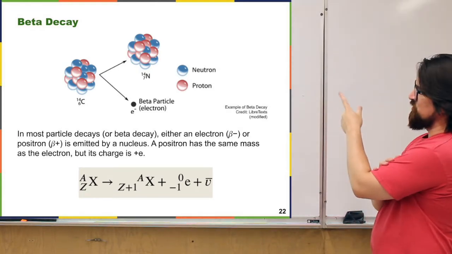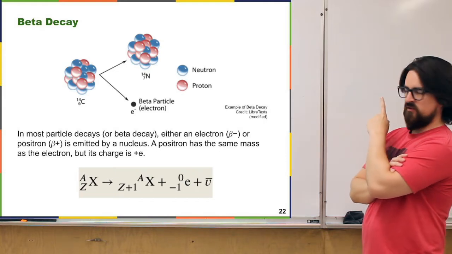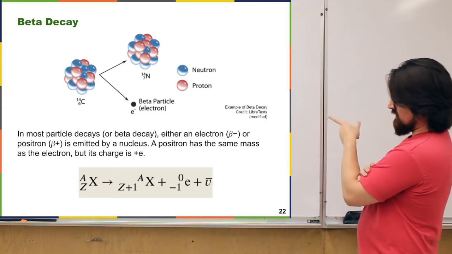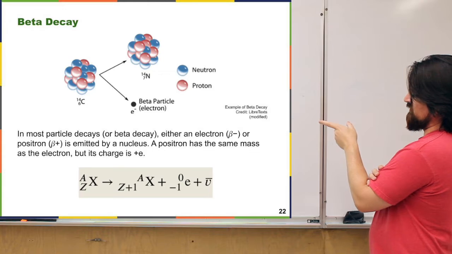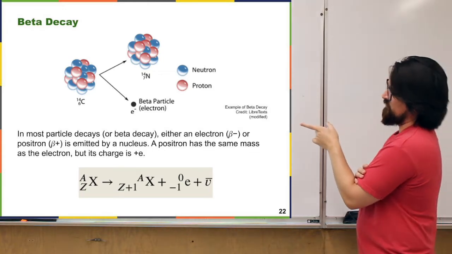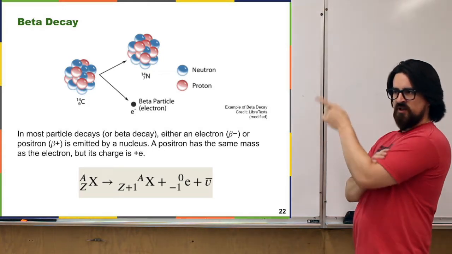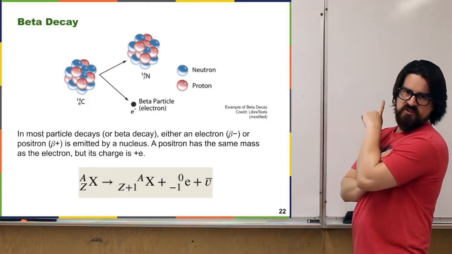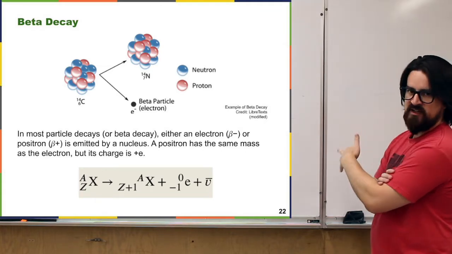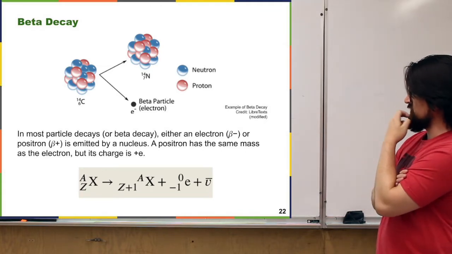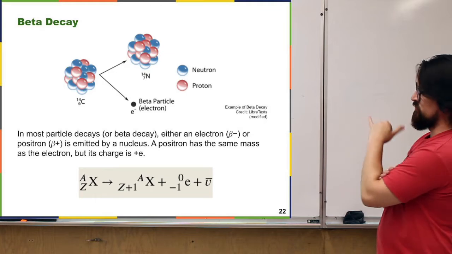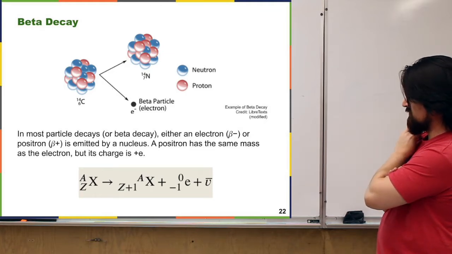This is an example of a beta decay with an electron, and in that case, what you end up with is a neutron getting transformed into a proton, and you get an electron shooting out of that nucleus. Again, this is just an example of beta decay. There are other examples you could look at too, with other elements or even with a positron involved instead.